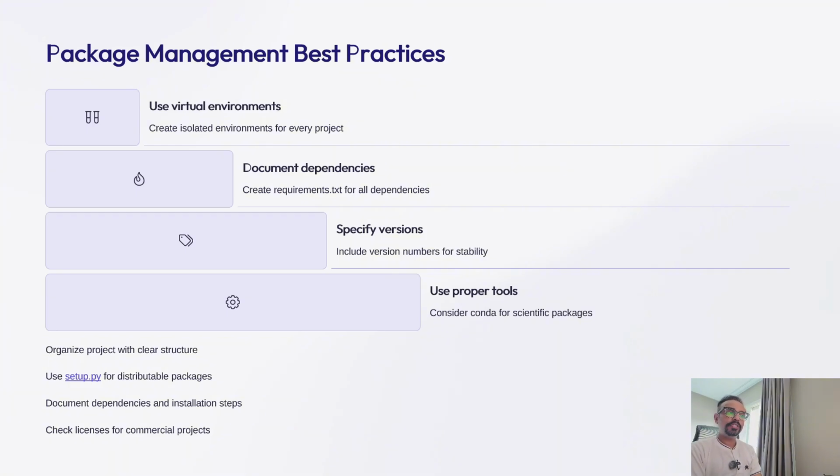Always document installation steps in your project README and be aware of the licenses of packages you use, especially for commercial projects, because every package comes with some guidelines for its usage. These best practices might seem like extra work initially, but they save significant time and frustration as your project grows in the long term, when collaborating with others, and when deploying models to production.